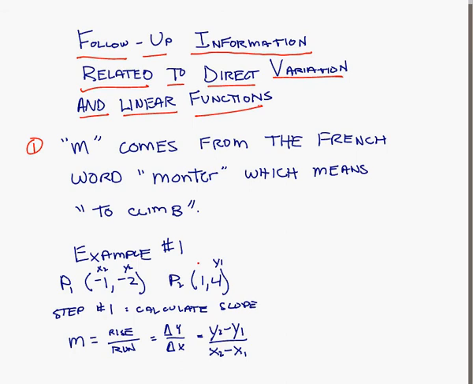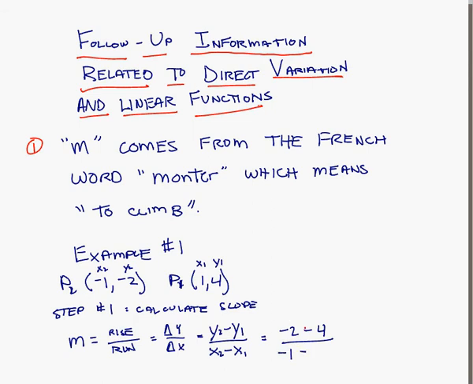So I'm going to take point 2 and point 1 and plug those numbers into this equation. So y2 is -2 minus y1 is 4, and x2 is -1 minus x1 is 1.